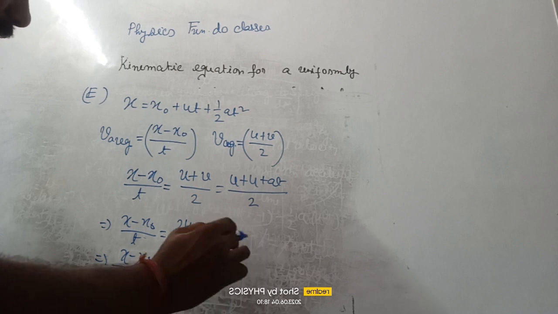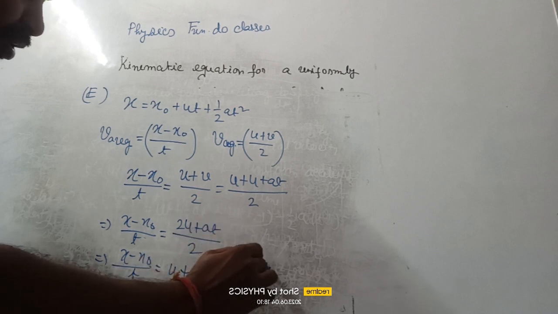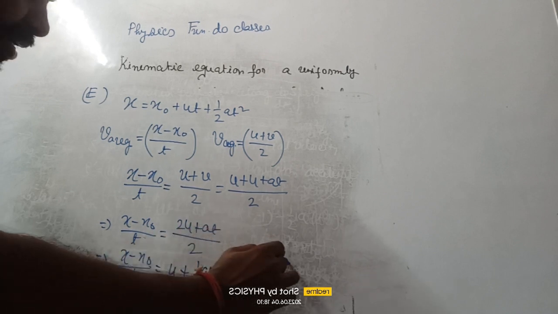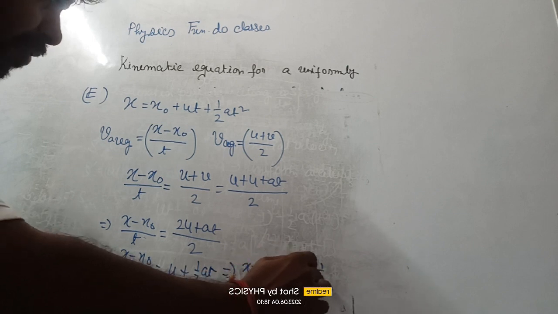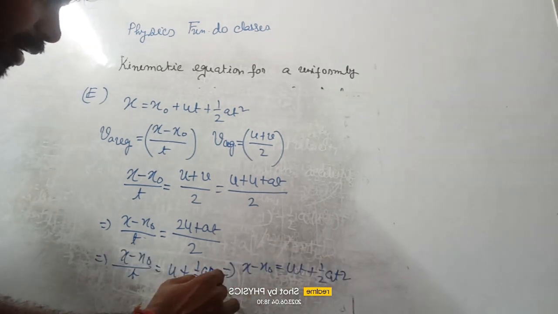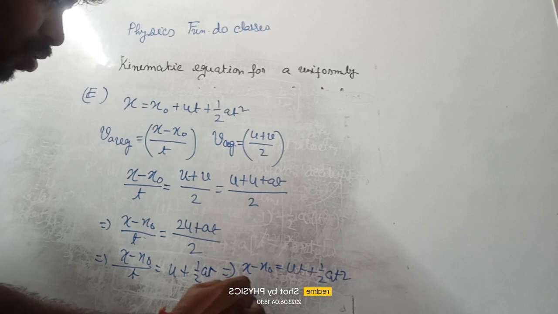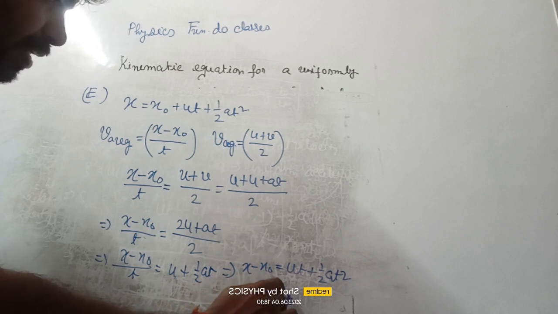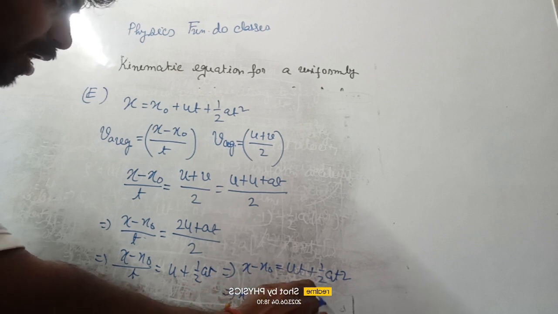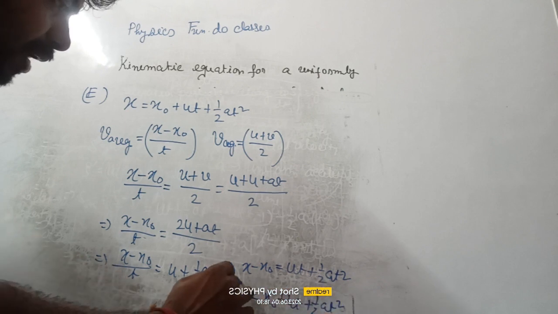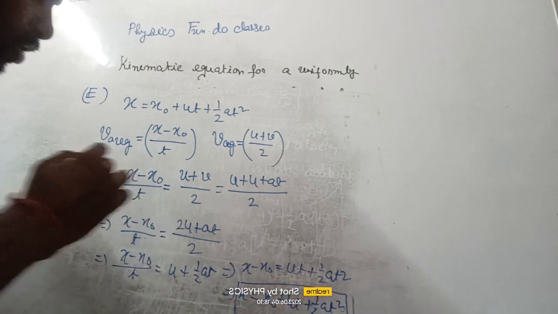So we have x minus x0 is equal to t multiplied by (u plus half of at), that is x equals x0 plus ut plus half of a t square. That is the equation.